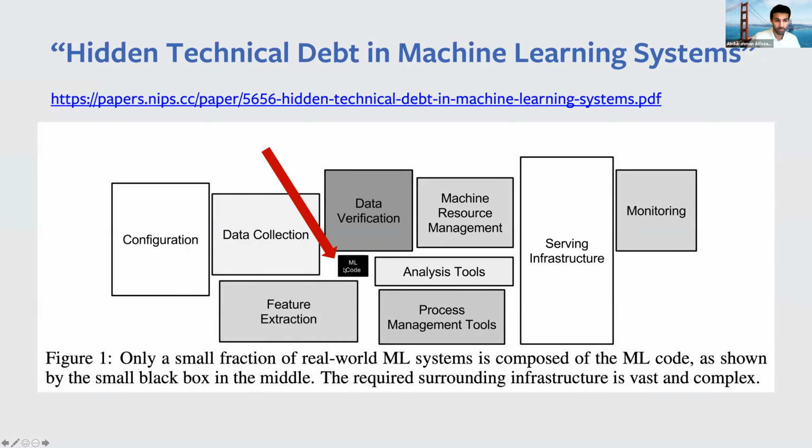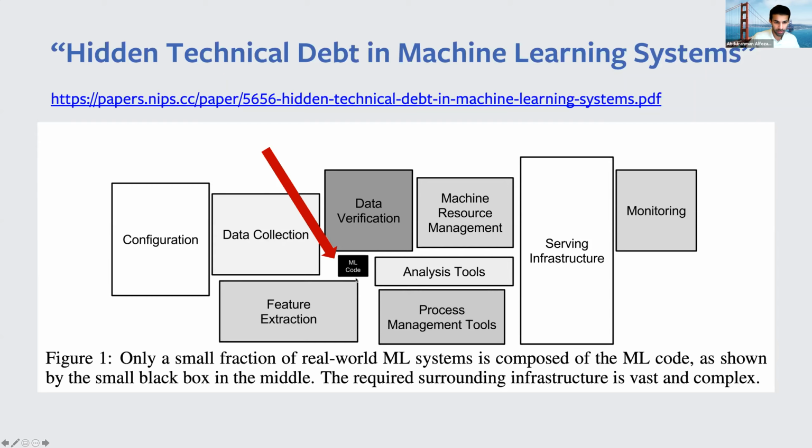What this paper is trying to explain is that it's often the case that the core machine learning work, by core we mean the model algorithms, the algorithms that power the model training, and also a few more things, only make up a very small part of the overall picture.